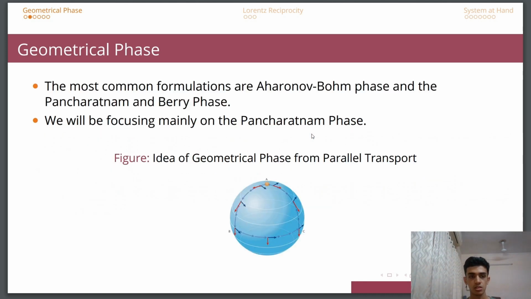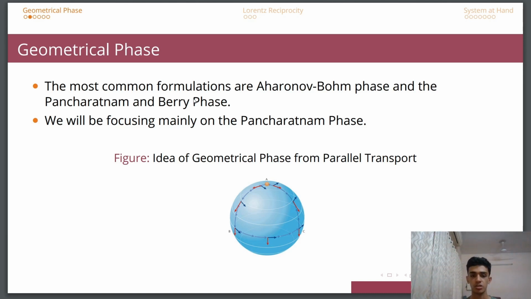Okay, so now there are many formulations of geometrical phase. Many common ones being the Aharonov-Bohm phase or the Pancharatnam and Berry phase. Now, the Aharonov-Bohm phase, some of you might be familiar with, is the one where a charged particle in a four-vector potential is treated quantum mechanically, so it obtains a phase factor.